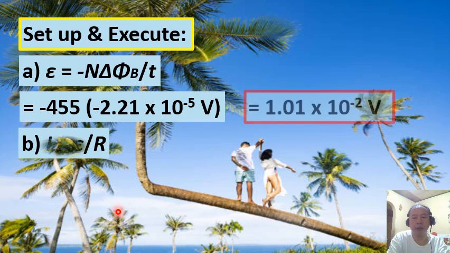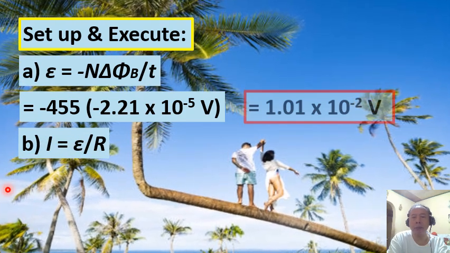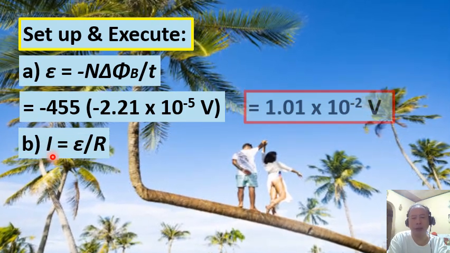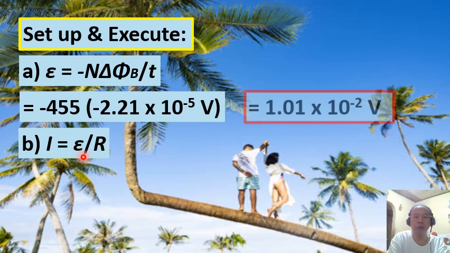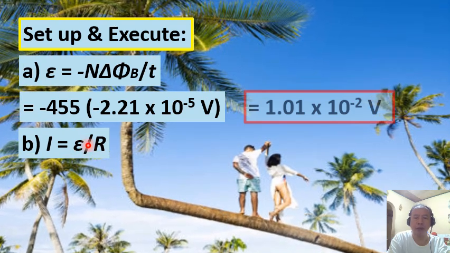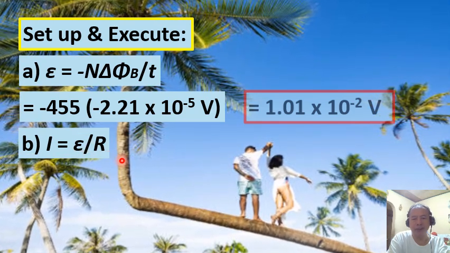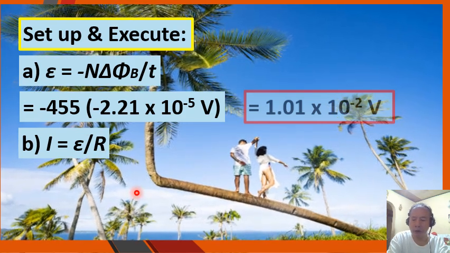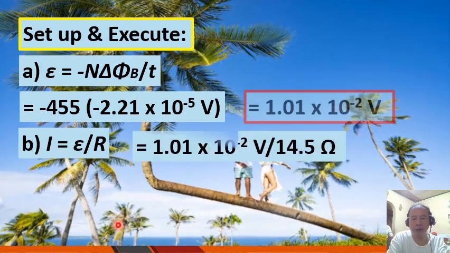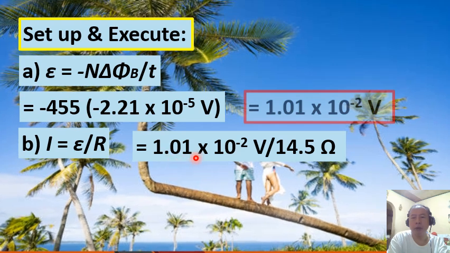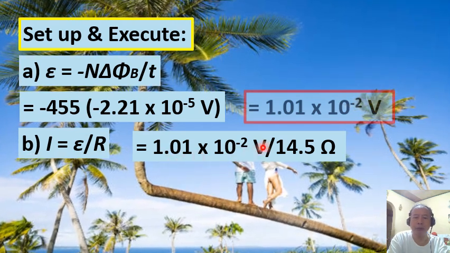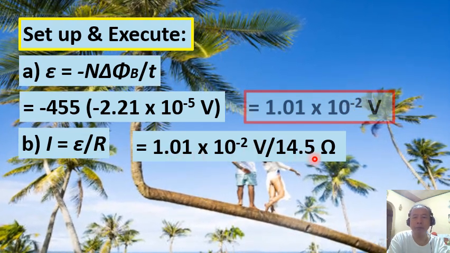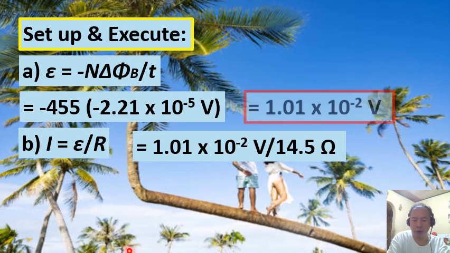And in part B, determining the magnitude of the induced current, capital I, which is simply equal to the induced EMF epsilon divided by the given resistance in the coil, capital R, or that is 1.01 times 10 to the negative 2 volts divided by 14.5 ohms.